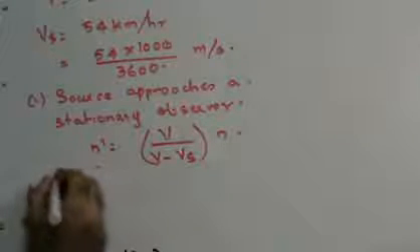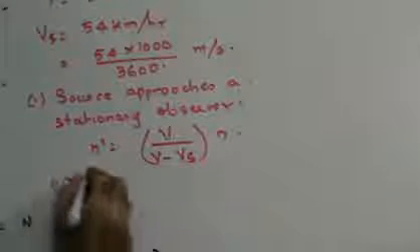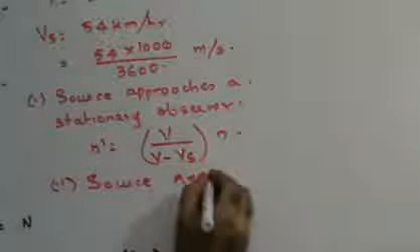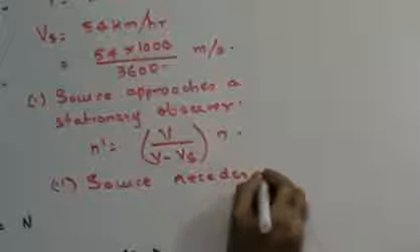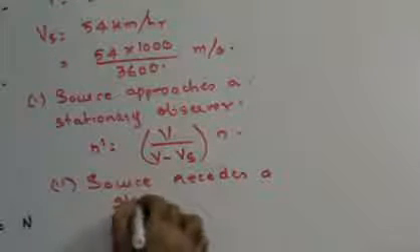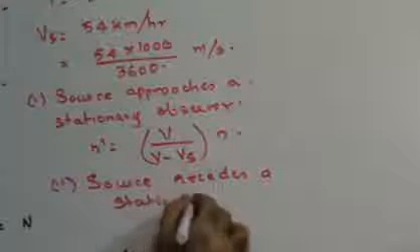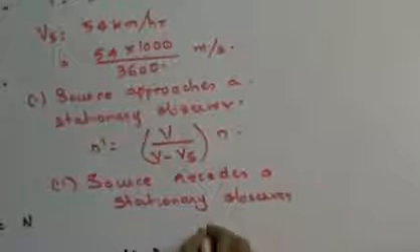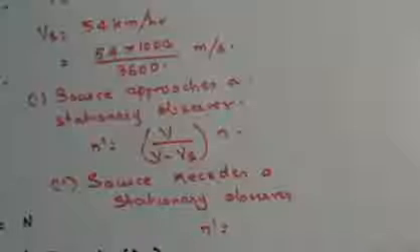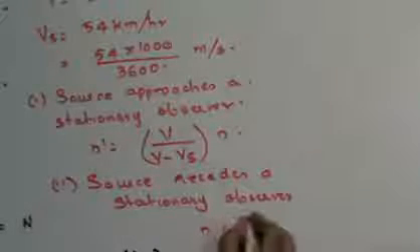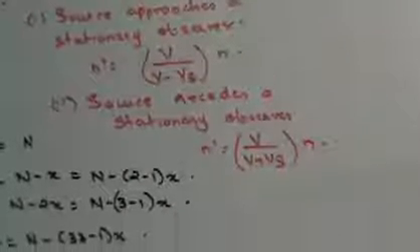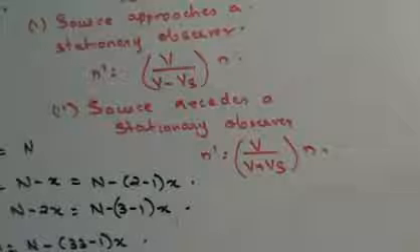You've done this. Second part of the question, as the source recedes from a stationary observer, the apparent frequency that the observer would hear would be V upon V plus Vs into N. So all you have to do is substitute the values in the formula and you will get your answer.